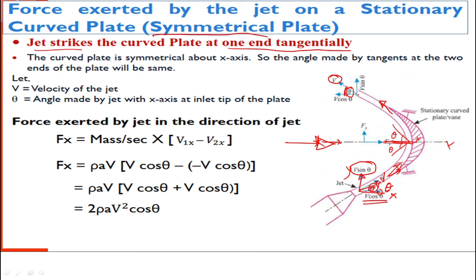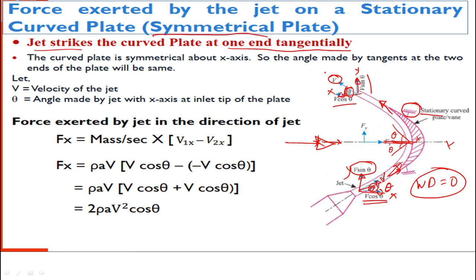Now we can also make two components from this outlet velocity. The velocity is the same, so the components will be V sin theta in the y direction and V cos theta in the x direction. Also, this plate is stationary, so the work done will be 0, because the plate does not move.